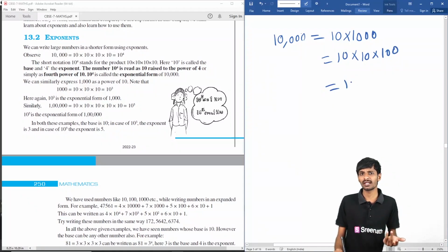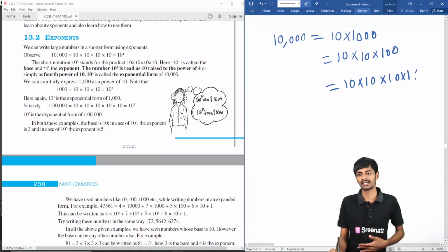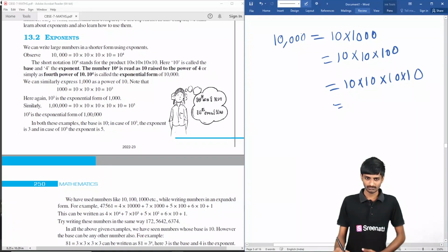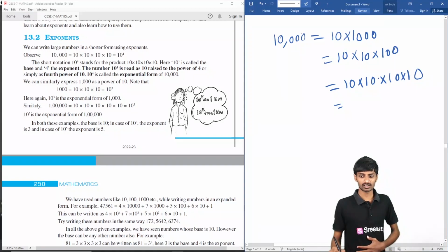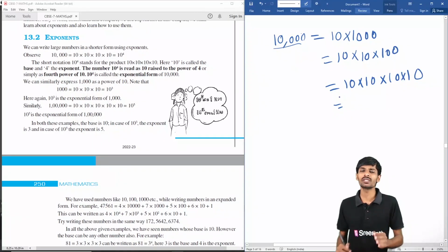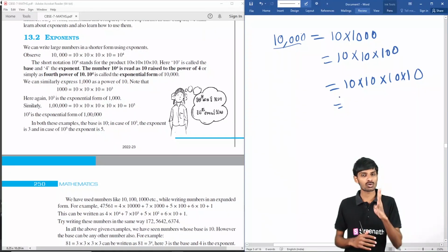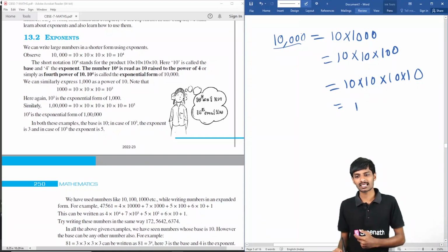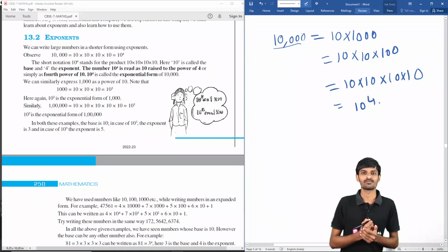And what is meant by 100? If you multiply 10 by 10, you will get 100. So here, 10 into 10 into 10 into 10. If you multiply all of this, you will get 10,000. And here, how many tens are there? 4 tens are there. So you can write it as 10 power 4.